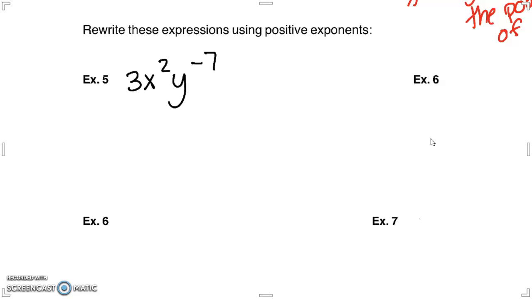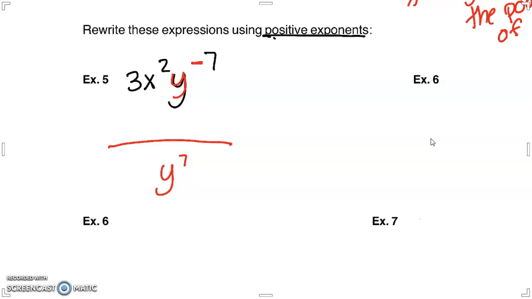So, we might not always get positive exponents. We need to use positive exponents to describe this. Were all of my exponents here negative? No. Which was the only one affected by a negative? Okay, which is on what base? Y. So only the y moves to the bottom.